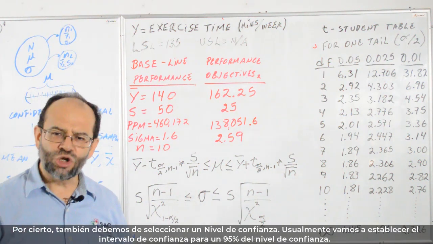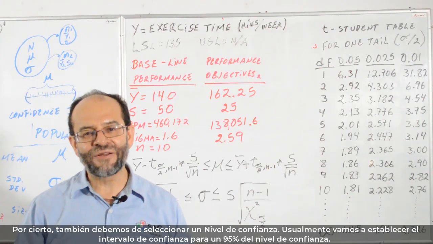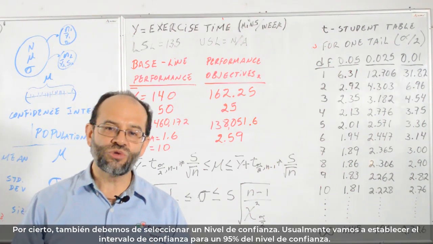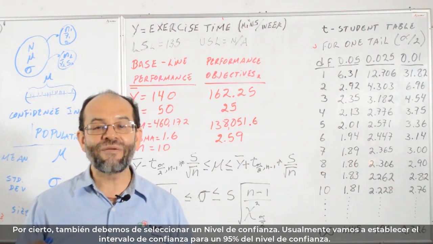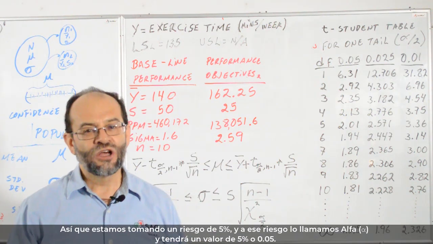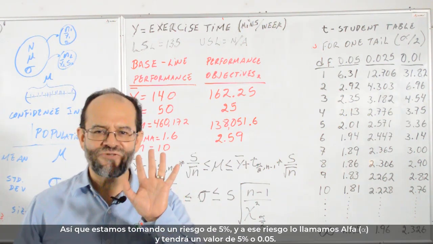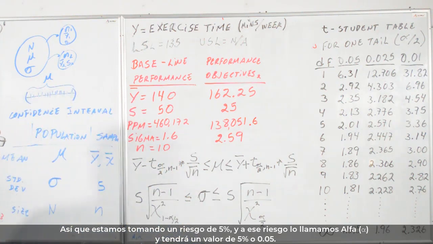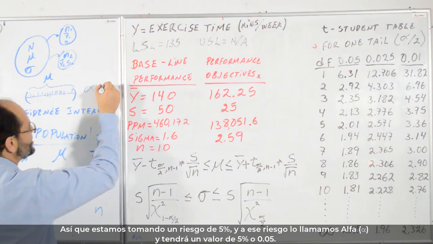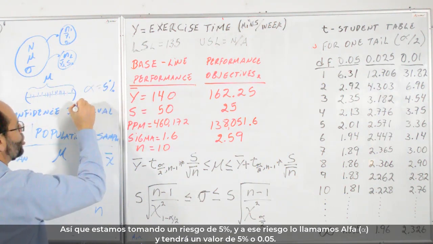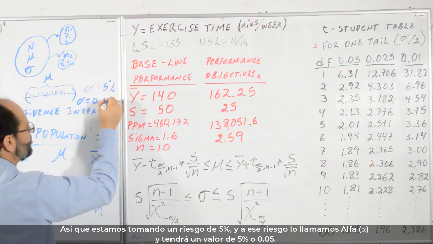By the way, we also have to pick a confidence level. Usually we are going to establish a confidence interval for a 95% confidence level. So we are taking a risk of 5%, and we call that risk alpha. The alpha risk is 5%, or alpha is 0.05.